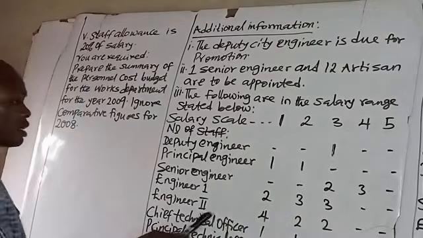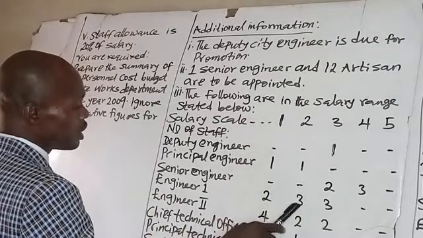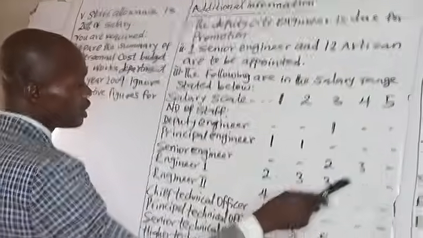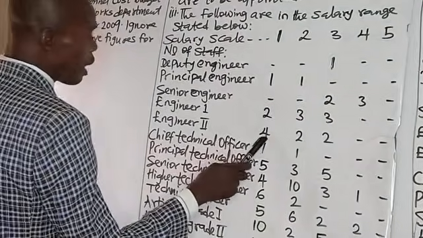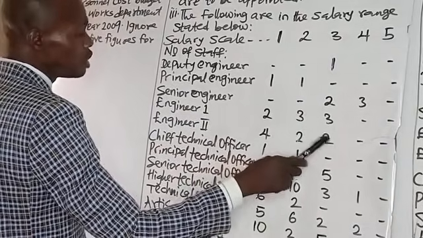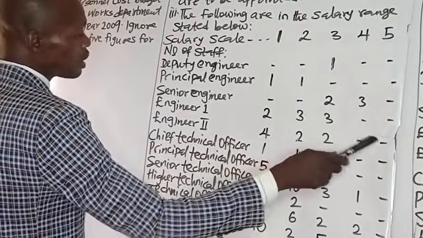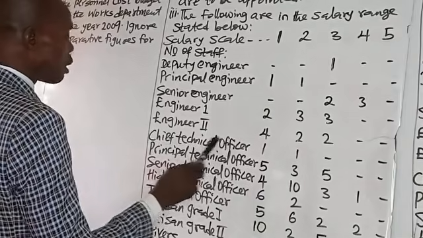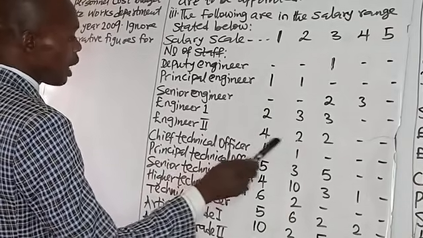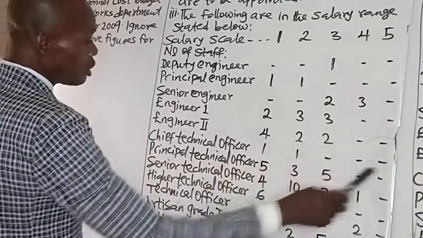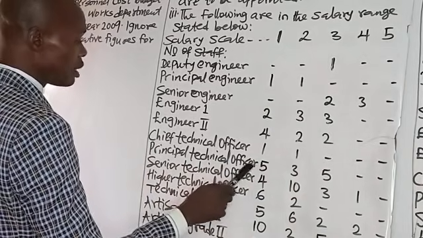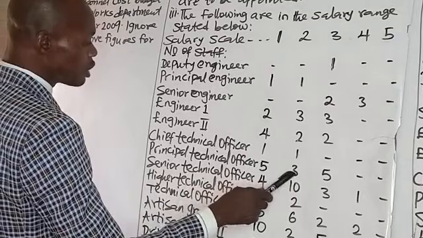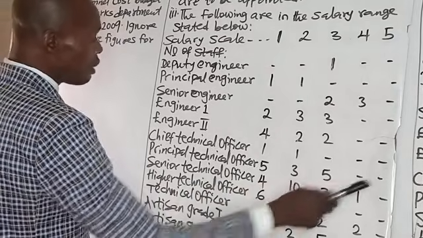Engineer 1 step 1 2, step 2 3, step 3 3, step 4 nil, and step 5 nil. Engineer 2 step 1 4, step 2 2, step 3 2, step 4 nil, and step 5 nil. Chief technical officer step 1 and 2 1 each, 3 to 5 nil. Principal technical officer step 1 5, step 2 3, step 3 5, 4 and 5 nil.